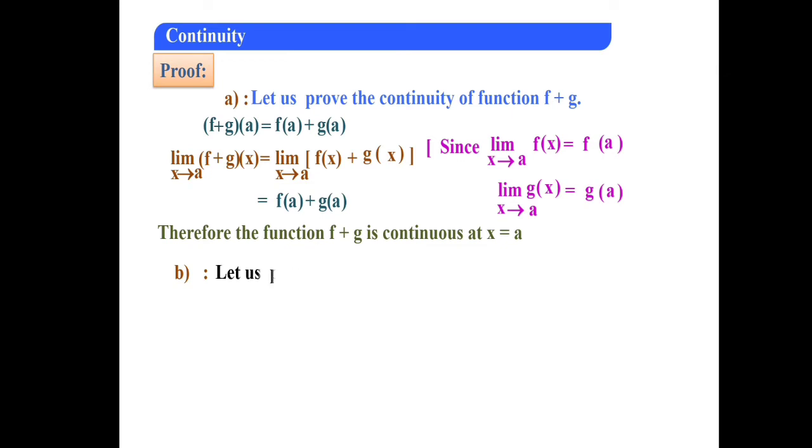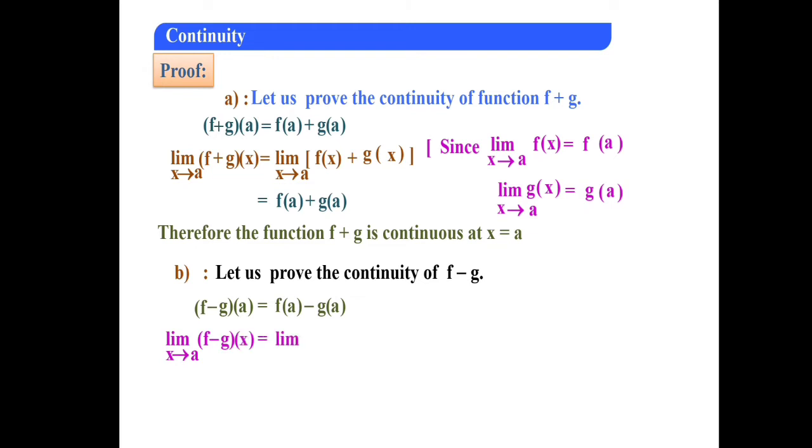Now see the proof for subtraction. In the same way, consider one general point a and find the value. This value is written as f of a minus g of a. Then limit as x tends to a of f minus g of x is the limit as x tends to a of f of x minus g of x.